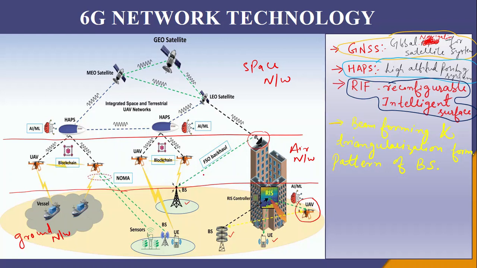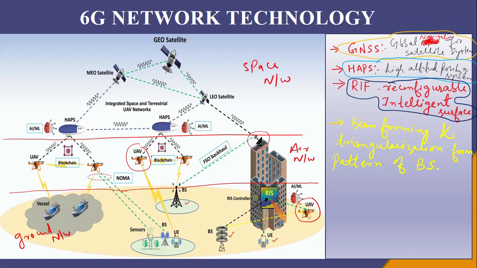Basically it receives the signal from the satellites and delivers it to the base stations, and with the help of these base stations, the signal reaches its destination. All these UAVs are flying base stations or flying towers, placed in the space with the help of blockchain in a triangular pattern.